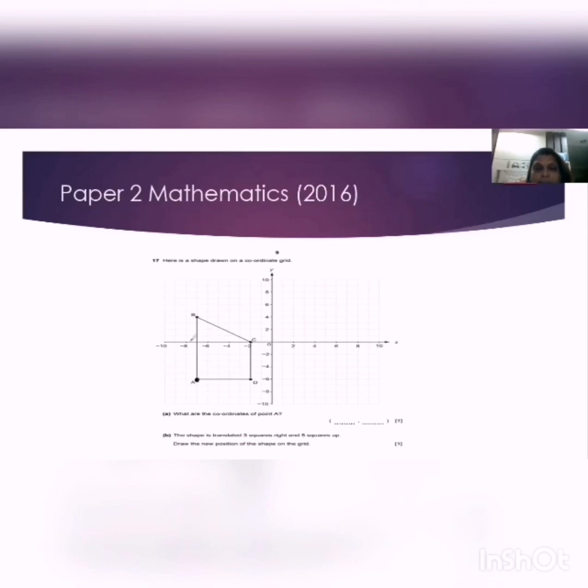Where is axis X? This is axis X and this is axis Y. If you look at axis X, look at the reading here. This is -6, this is -7, and this is -8. Therefore, this is -7. So I'm going to write it here.